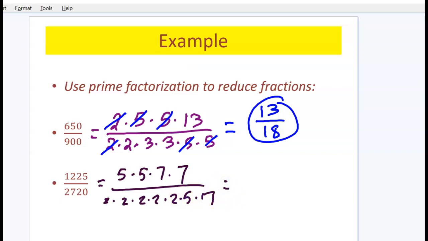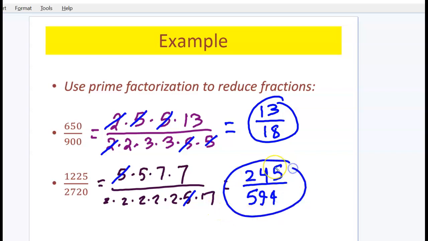So again, if we do our canceling, the only thing that cancels is 1 5 cancels out with one of those 5s. And 5 times 7 is 245. And in the bottom, 32 times 17 is 544. And that would be the reduced fraction of 1225 over 2720.